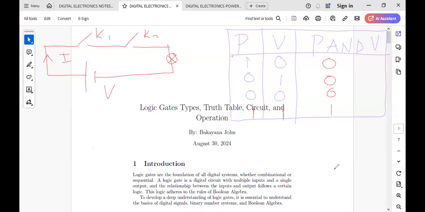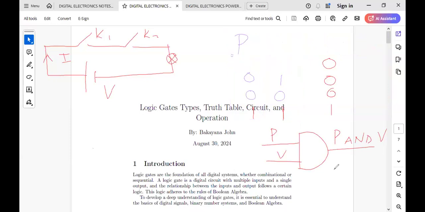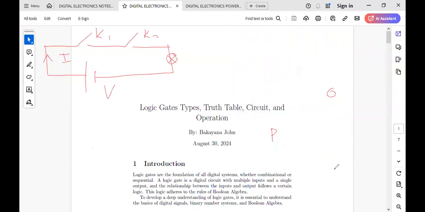Is that okay? Okay. Now this is for the two inputs, maybe here passport and visa, and then the result or the output P and V. Now, let us just extend it a little bit. Supposing we have three switches, or three inputs.